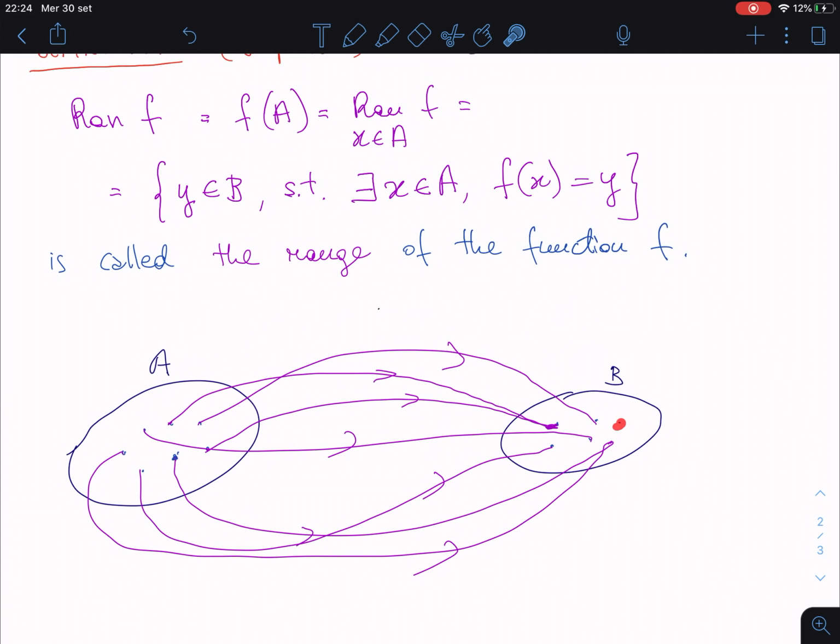So it does not belong to the set range of the function. Whilst all the other points are reached by the map, so they belong to the set range.